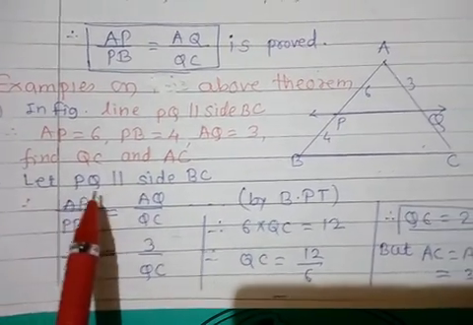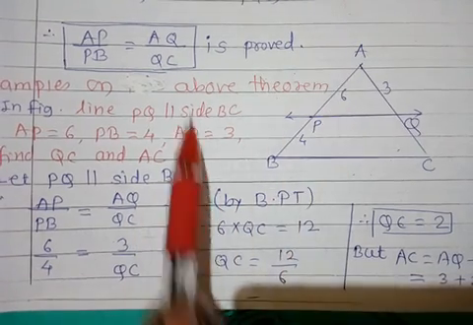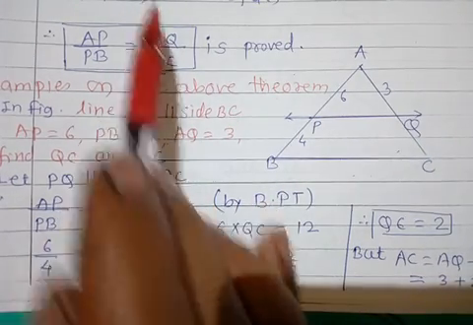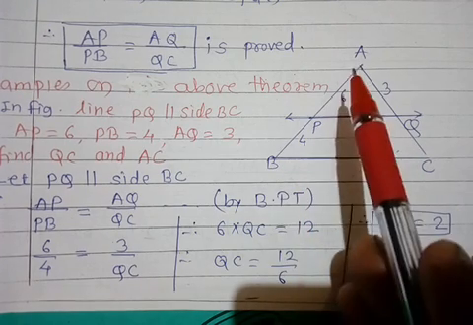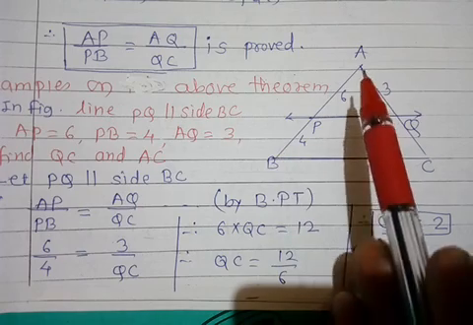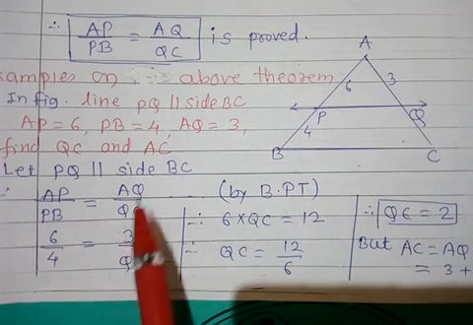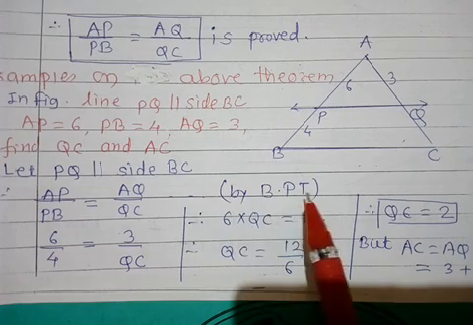Look here. Let PQ be parallel to BC. You have studied that theorem already: if PQ is parallel to BC, then the ratio AP divided by PB equals AQ by QC. That is by BPT; give the reason by BPT.